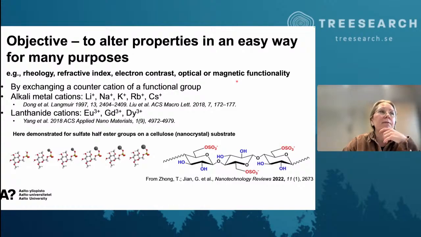And the system is very simple and it is not new, so to say. It's to utilize a functional group like a carboxyl group or sulfate group and sacrifice a proton and exchange a cation there. There's a lot of work that has already been done on this.